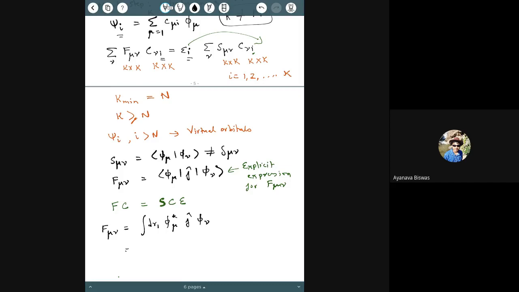And the Fock operator has a 1 electron part and there is a 2 electron part. And remember, now this is spatial orbital. So now you have to use the expression of the Fock operator in spatial orbital. This integral is called H mu nu core.